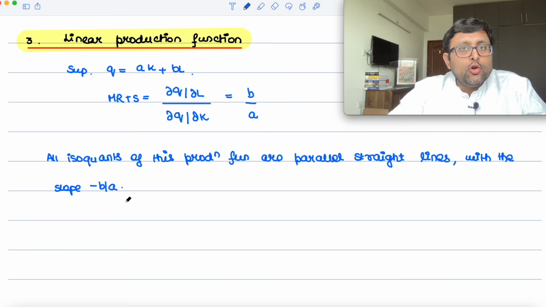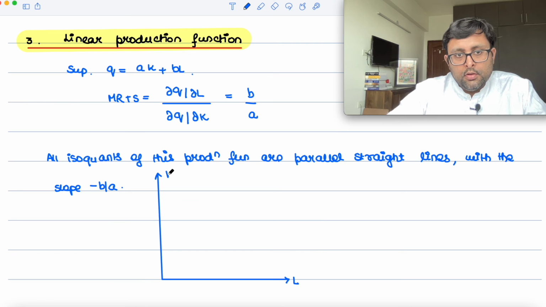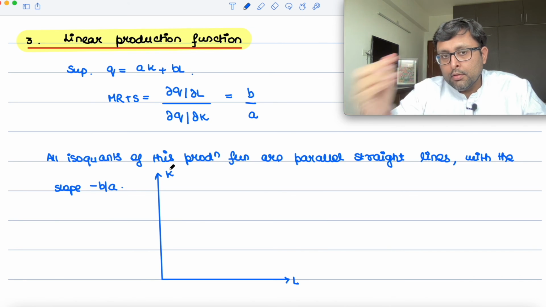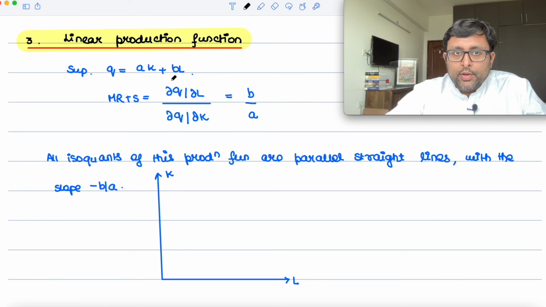So the slopes are the same. It's not like a Cobb-Douglas function, where the slope is changing at every point, right? Here the slope is the same. So you have labor, you have capital, and Q is equal to AK plus BL.